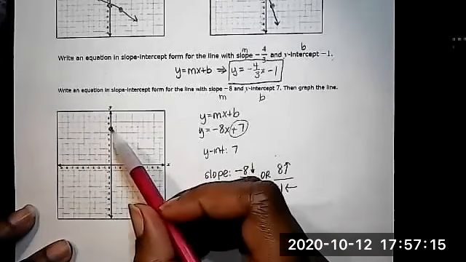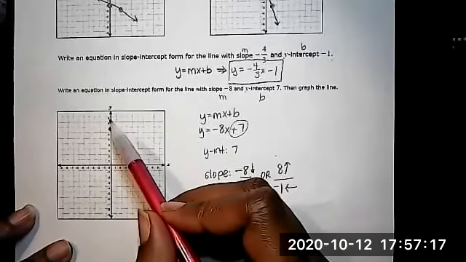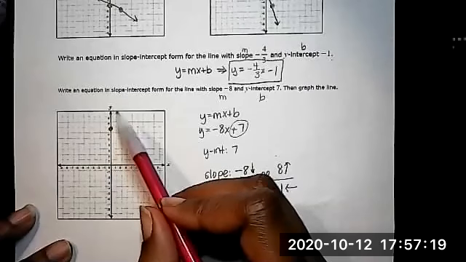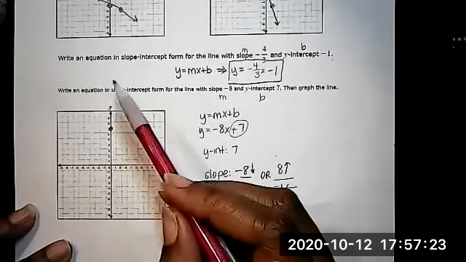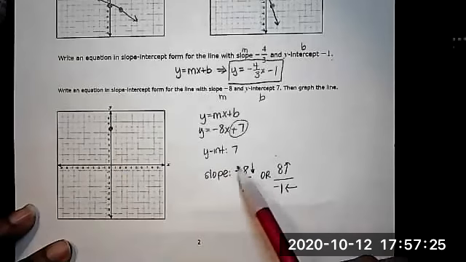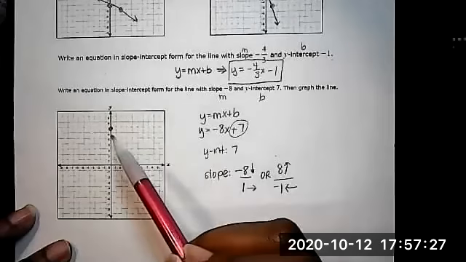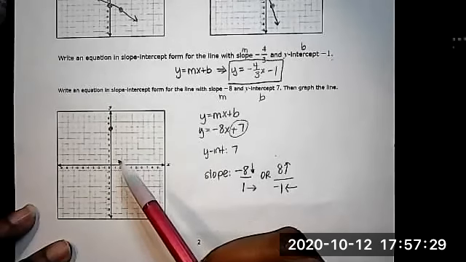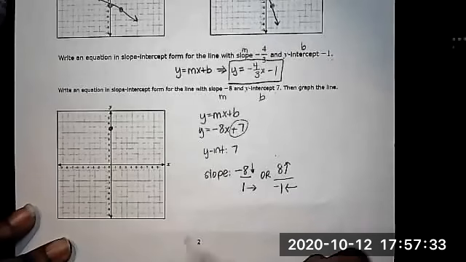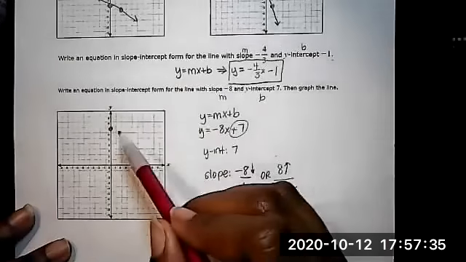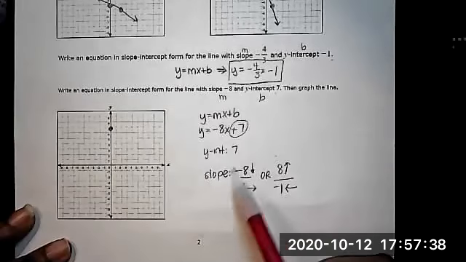Now, if you see this and I go up 8, 1, 2, 3, 4, 5, so it's off our graph. Instead of moving up, I'm just going to do 2 of these graphs. I'm going to move down 8 and over 1, then down 8 and over 1 to keep it on our graph. Okay? Since this one goes up, you don't have to use it. We can just use this one.